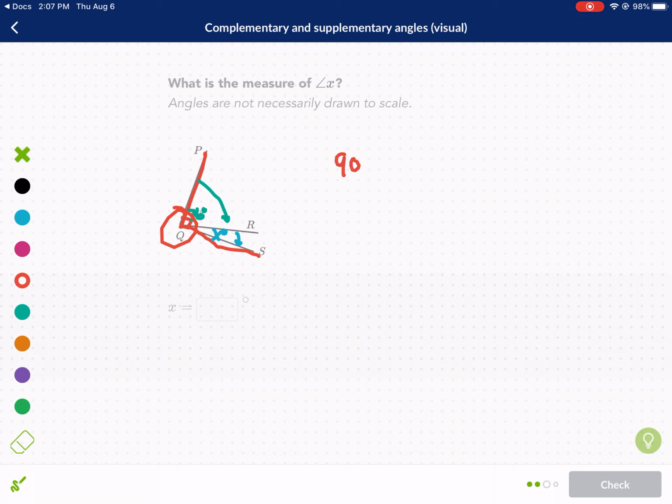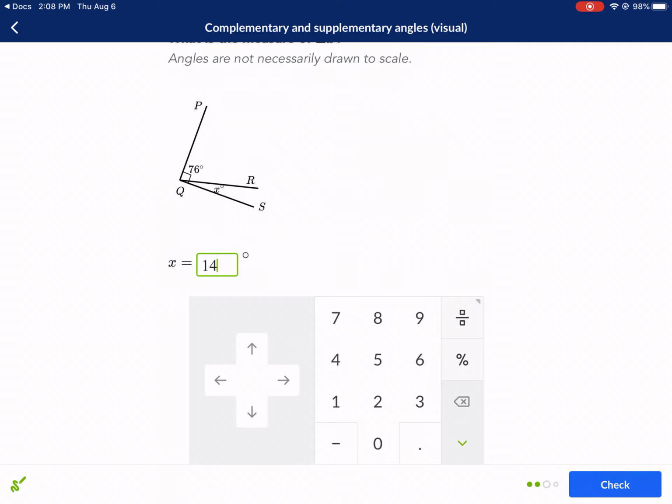That means it's 90. So we have 90 equals 76 plus x. We just need to subtract 76 from both sides. 90 minus 76, and we should get 14 equals x. 14 degrees equals x, and that's our answer.